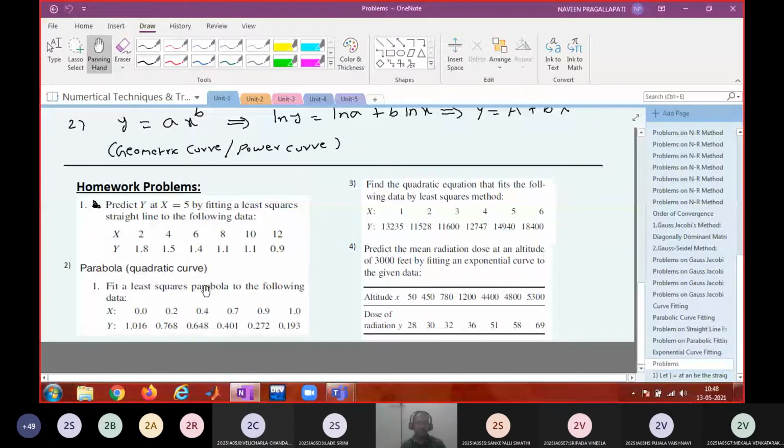Okay. All of you note down the next problem. Fit a least squares parabola to the following data.